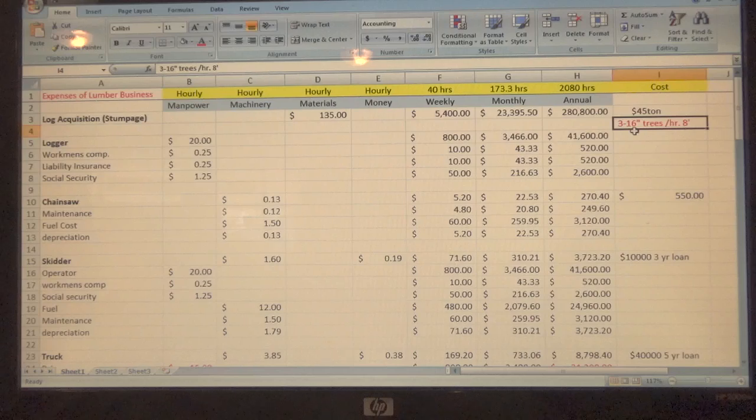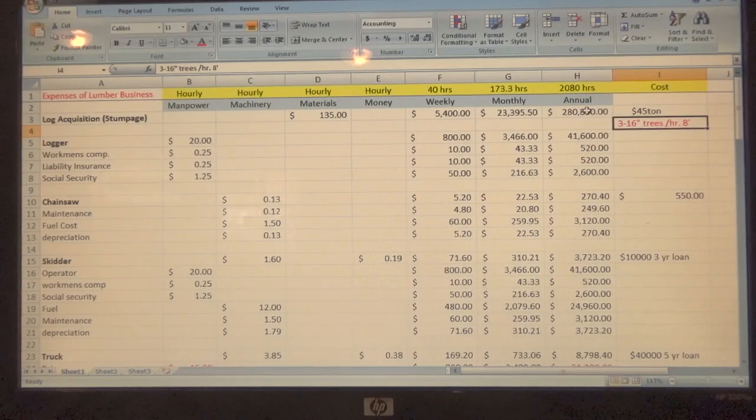Each tree, each 8-foot section is a ton. So 3 times 45 gives me $135. And then I take that, and if he does the 3 trees an hour, then we have $5,400 a week that I have to pay for logs, $23,000 a month, and $280,000 annually to get logs.